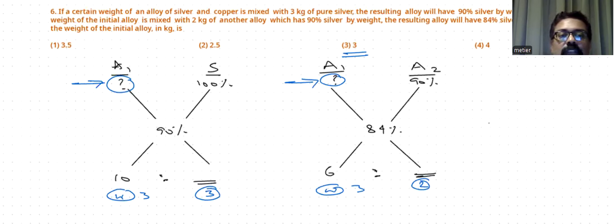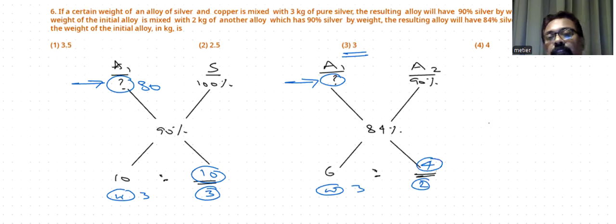Now check. 3 is to 3 means 1 is to 1, so this will be 10 again, because the ratio is 1 is to 1. If it is 10, this value will come as 80. In the second case, the ratio is 3 is to 2 and it is 6, so this value has to be 4. 6 is to 4, 3 is to 2.